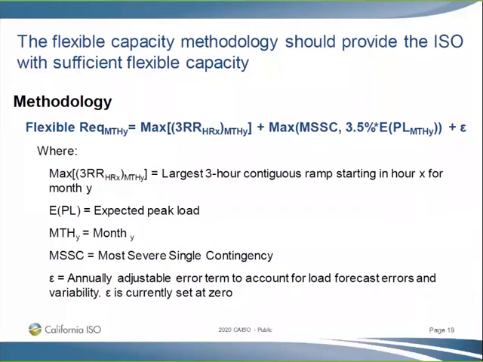We have to meet that ramp, and in addition, let's say you're 1 hour into the ramp and we lose a major unit within the ISO, we have 15 minutes to get the system back to where it was just prior to that contingency. So in addition to meeting that ramp, you have 15 minutes to meet the contingency that you lost. We have to get it back to where it was. It's hard to get frequency back to where it was, but getting your area control error back to where it was is the goal.